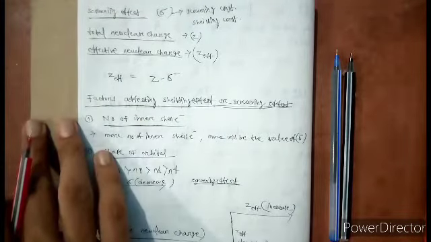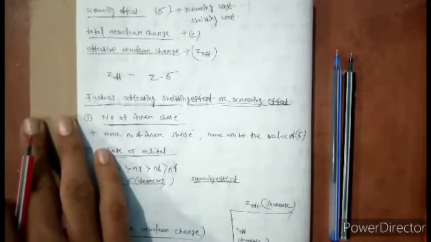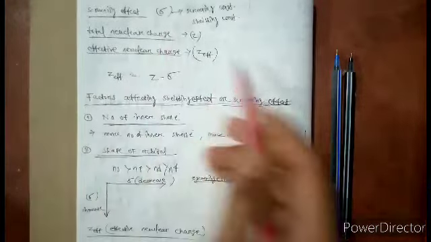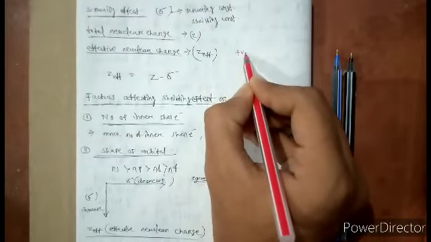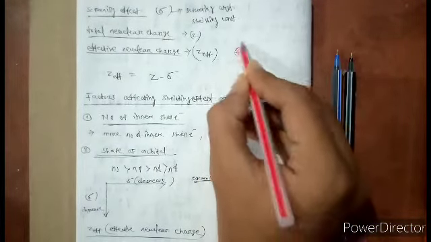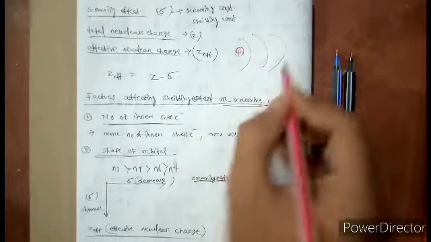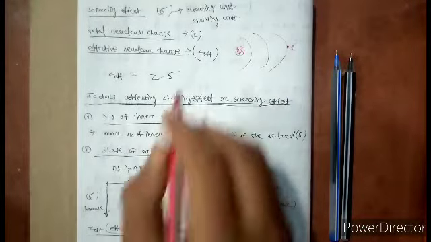Okay, then come to what is screening effect. Screening effect is, if we consider this is a nucleus, then these are the shells. This is the outermost electron.